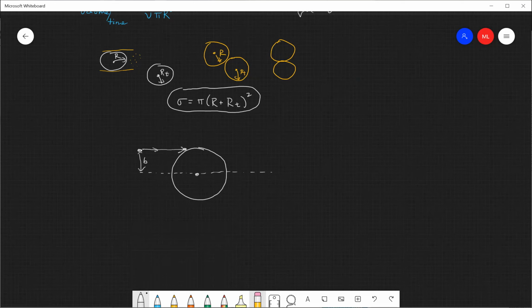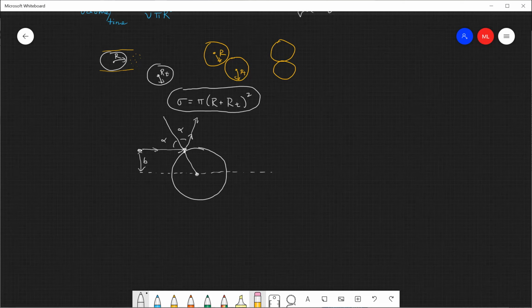If you ever play billiards, we know that as it comes out, it'll come out with the following geometry: if we draw a radius here from the center, perpendicular to the direction along the sphere, then the scattering will occur at equal angles, alpha, away from this surface normal, away from the sphere.